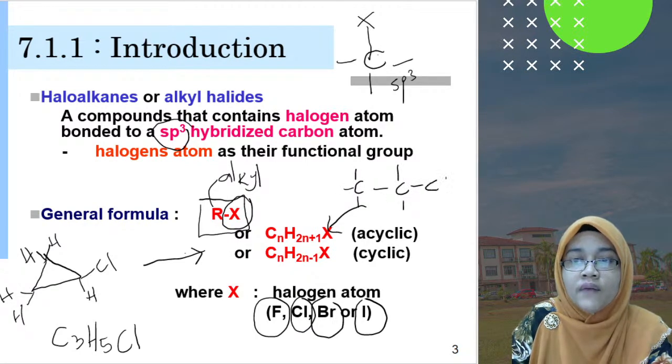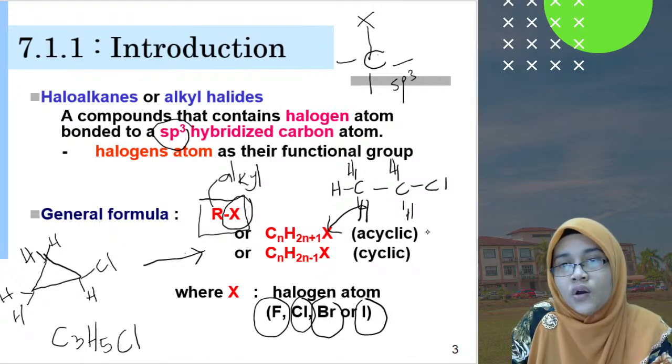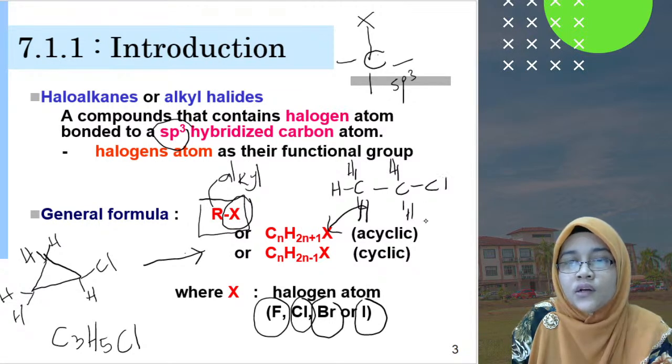Okay, we have chlorine, H. Alright, so we have an acyclic compound here, chloroethane. Okay, chloroethane with the formula C2H5Cl.